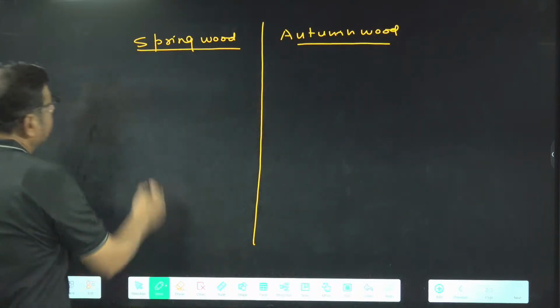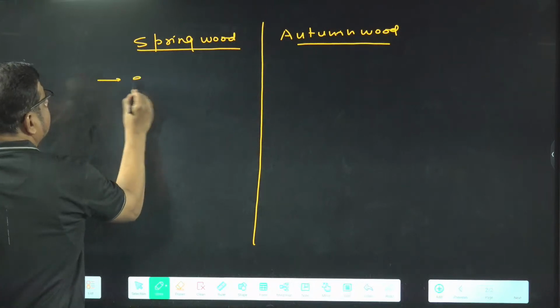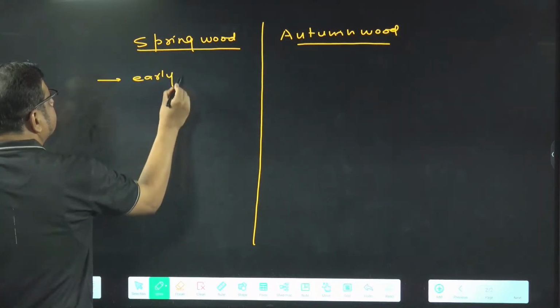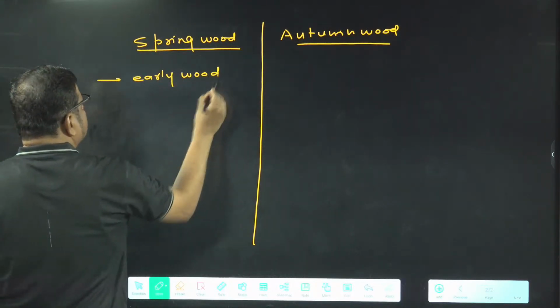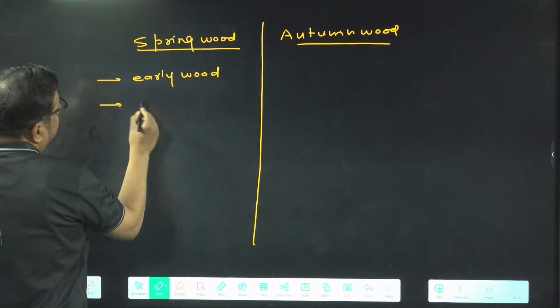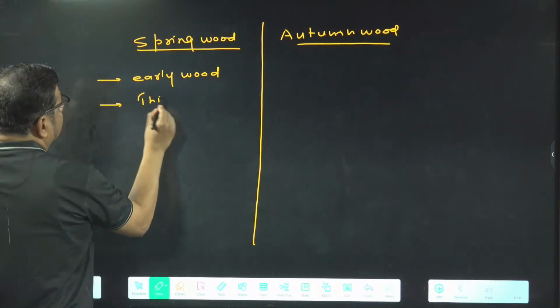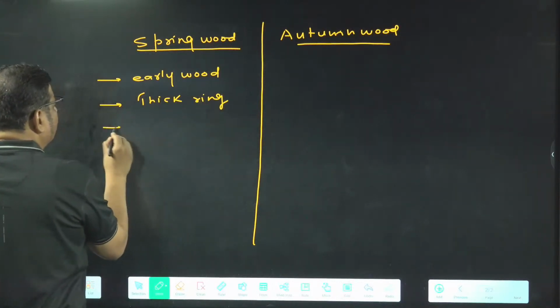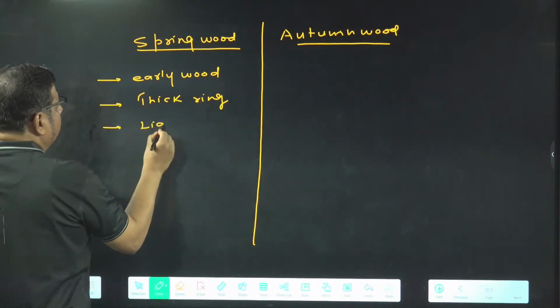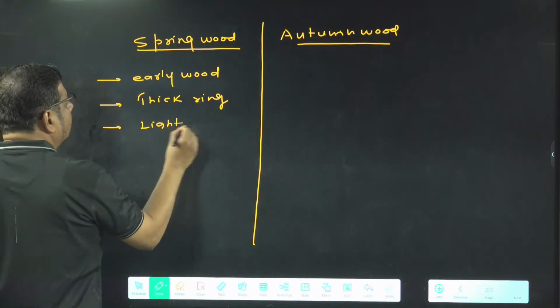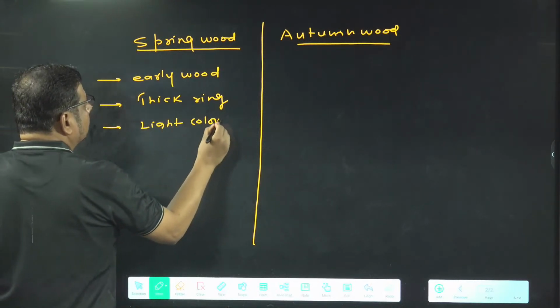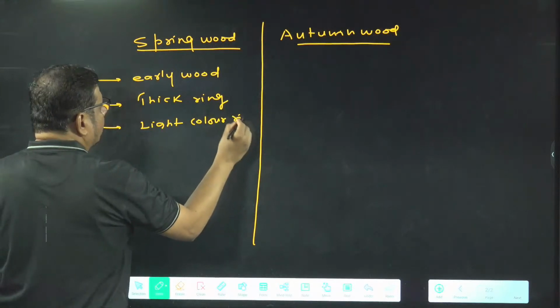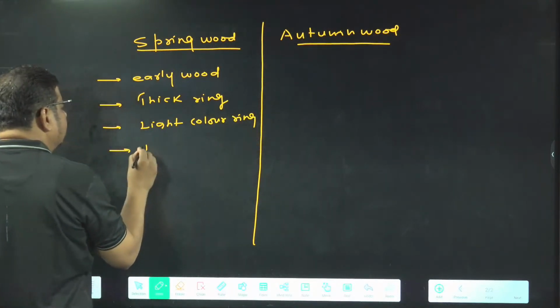So what can we write about the spring wood? It is also called early wood. It is a thick ring. It is a light color band or light color ring. Density is what? Less.